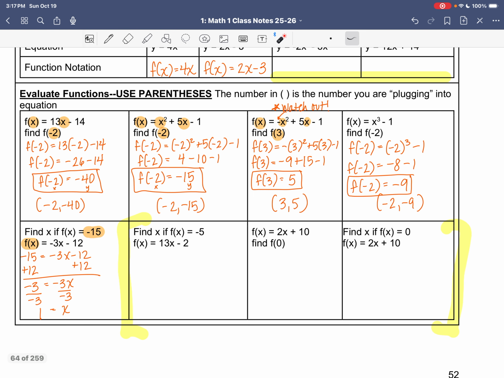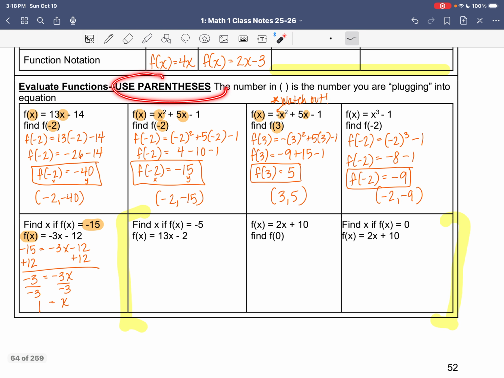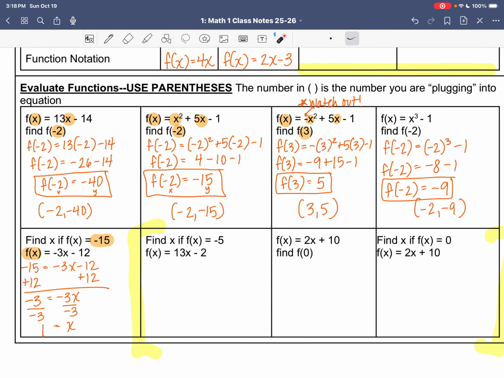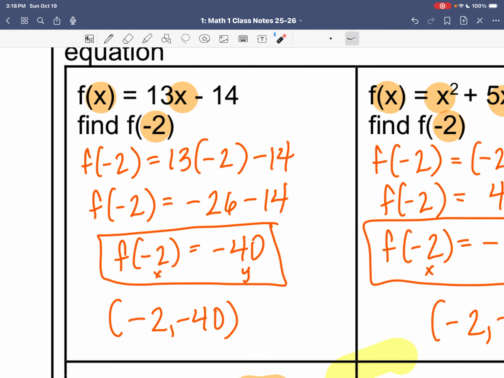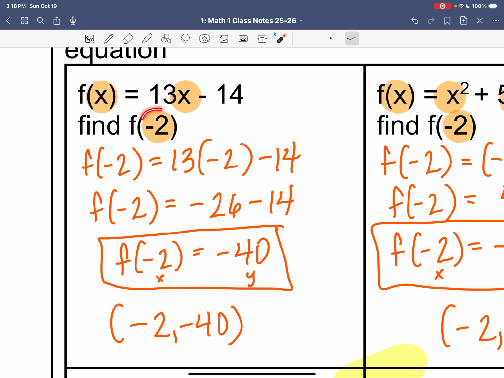All right, now to evaluate, we're going to use parentheses. So the number in the parentheses is the number you are plugging in or substituting into the equation. Okay, so if it says f of x equals 13x minus 14, and it says find f of negative 2, what that means is wherever you see x, you're going to substitute in negative 2.